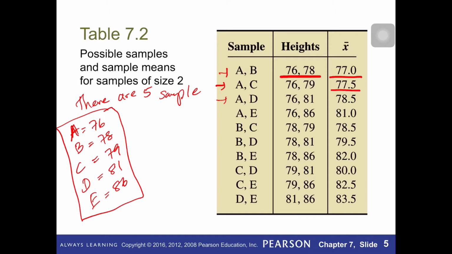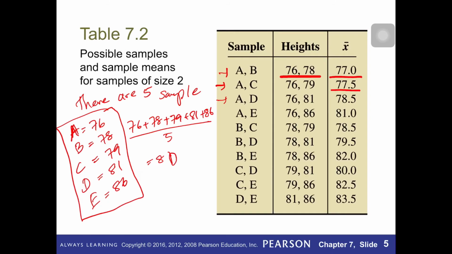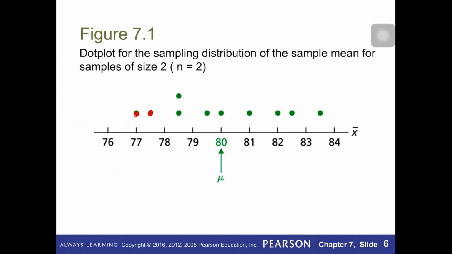If you add 76 plus 78 plus 79 plus 81 plus 86 and divide by 5, you will have 80. That is the mean, denoted here.